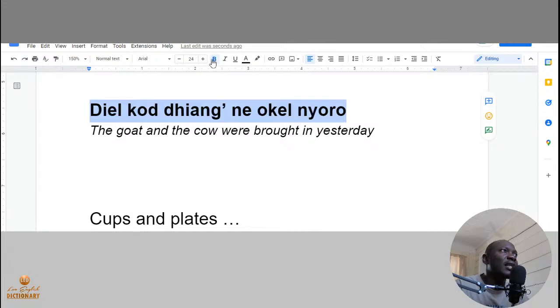So the goat and the cow were brought in yesterday.